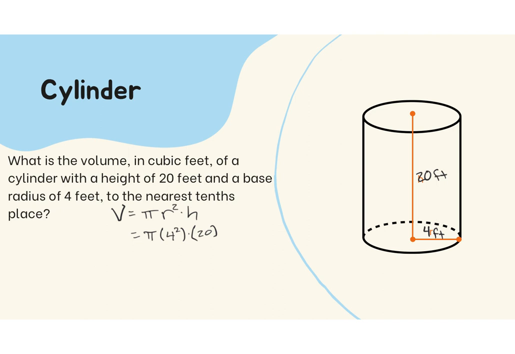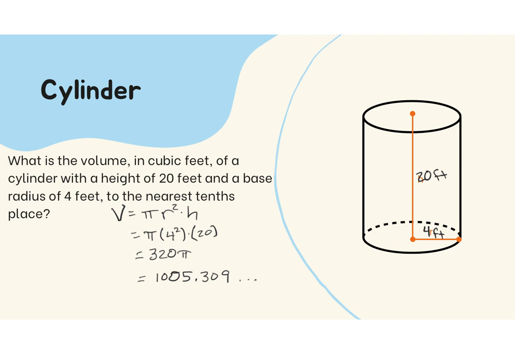Now, if I take 4 squared, that's 16. And 20, and I multiply those together, that is 320, and then times pi. Type that in my calculator, and I get an answer of 1005.309, and then there's a bunch of other digits after that.